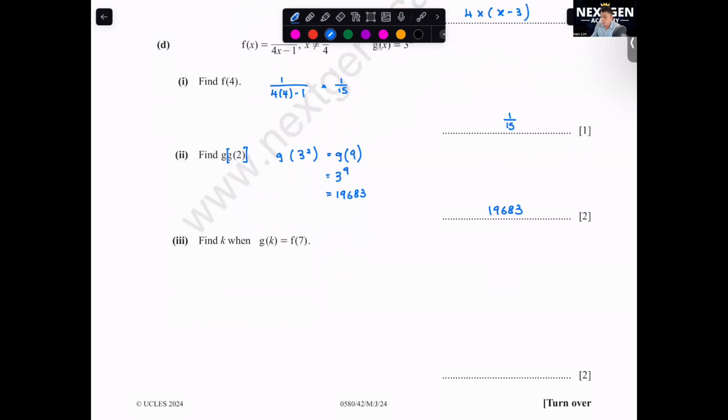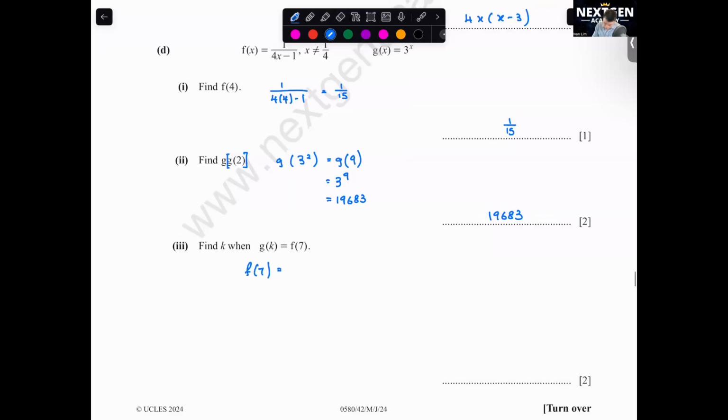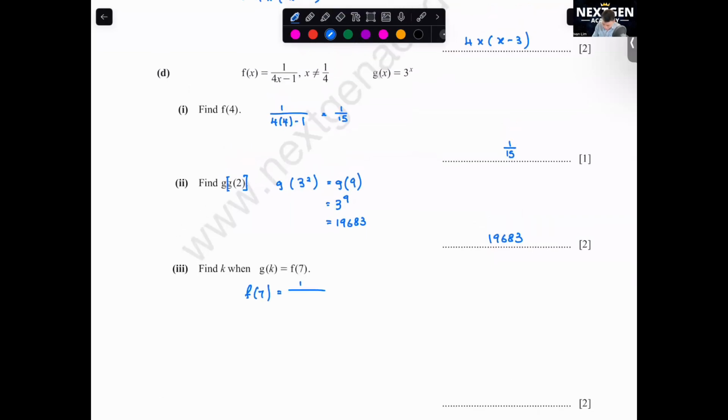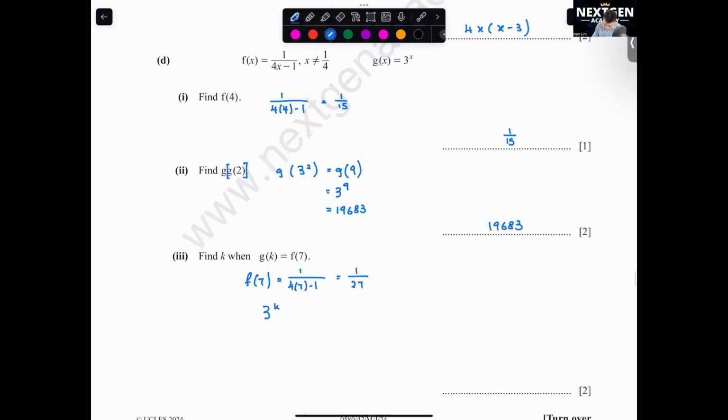Okay, question 3. Find k when g(k) equals f(7). Do we have f(7) and g(k)? Don't have, right? Can we find what is f(7) first? f(7) is equal to 1 over 4 times 7 minus 1, which is equal to 1 over 27. g(k) is 3 to the power of k equals 1 over 27.